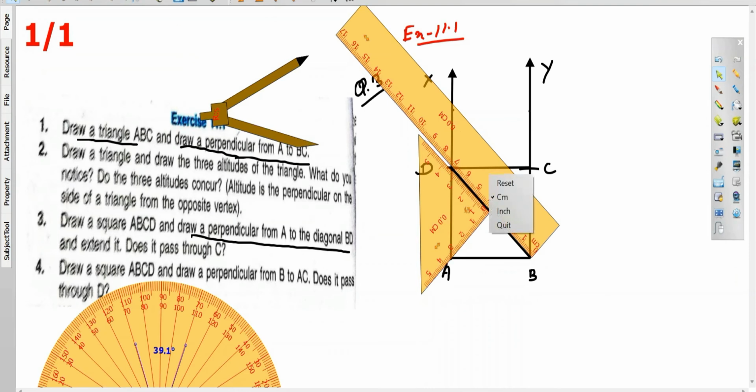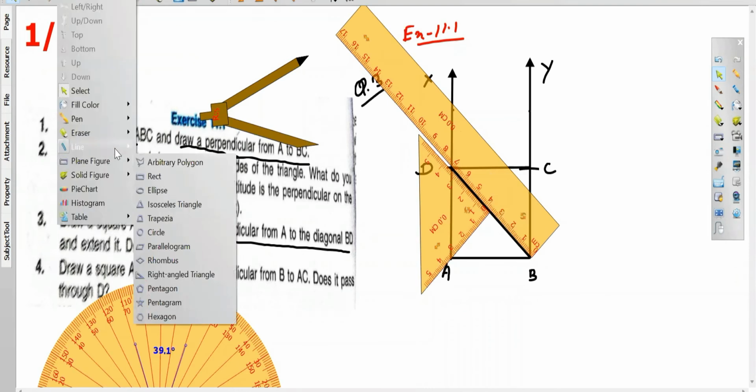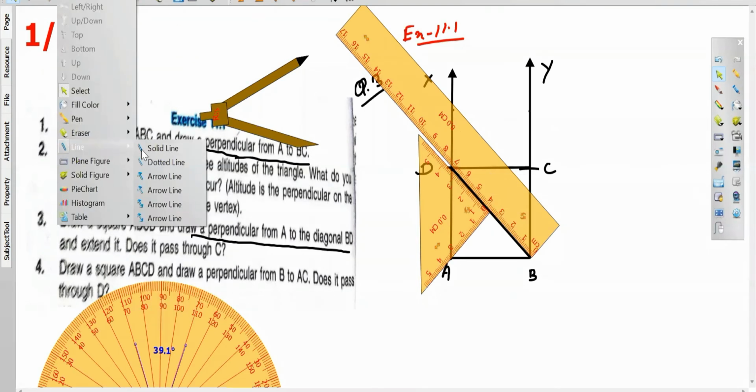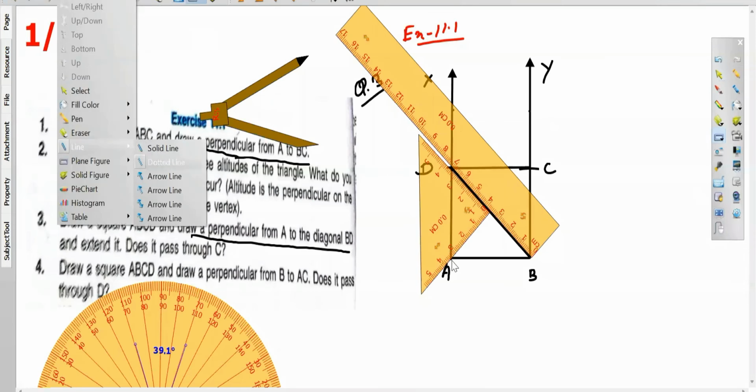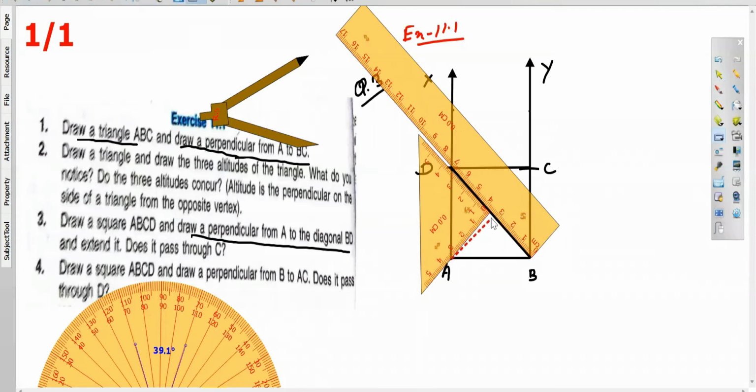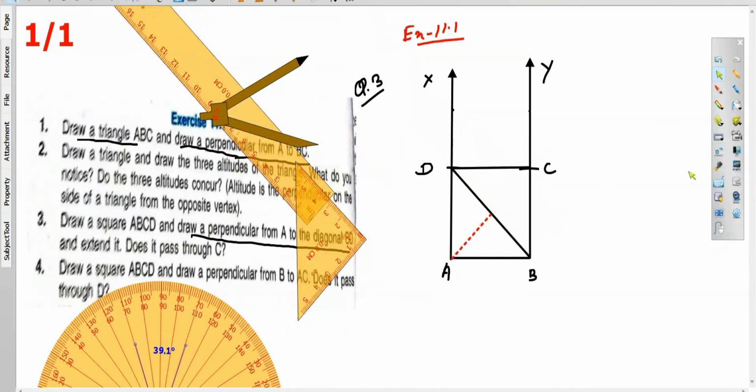This is how you have to draw the perpendicular from A towards BD. This is the perpendicular line. We'll mention it. This is OA. Name it as O. Now, this is the second part of the question.